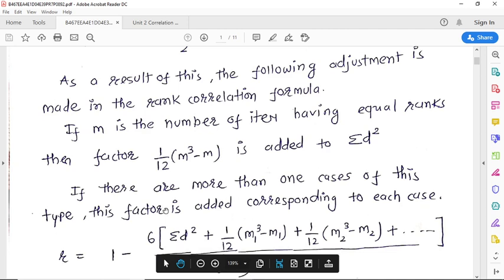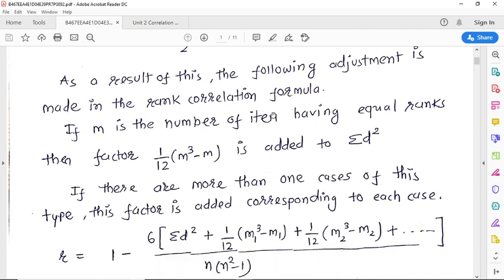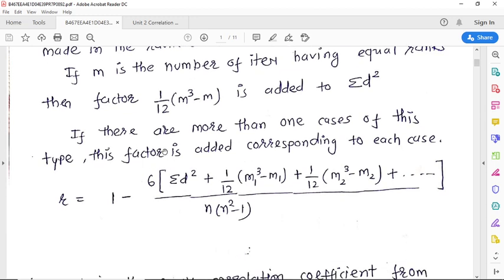Now, if there is more than one case of tied ranks, then a factor is added corresponding to each case. It means for the first case you use m1, for the second case use m2, for the third case use m3, m4 and so on.